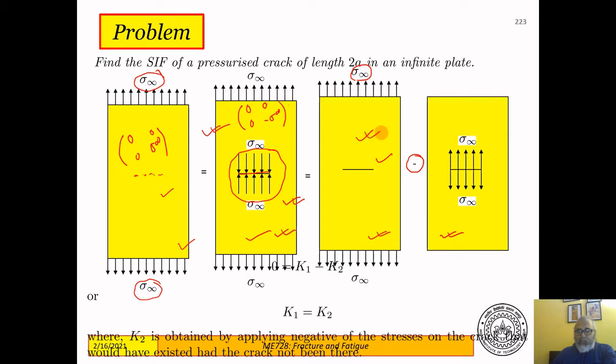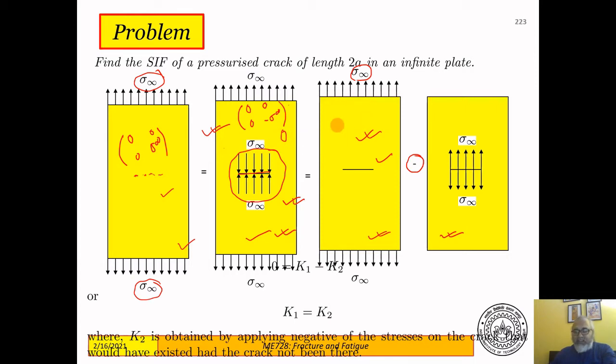And this problem is what I want to solve. I want to solve the problem of a crack subjected to remote normal loads. For this case, the stress intensity factor is obviously zero, as it is in this case. In this case, there's no crack, so there's no stress intensity factor. This is equivalent to this, so the stress intensity factor in this case is zero.